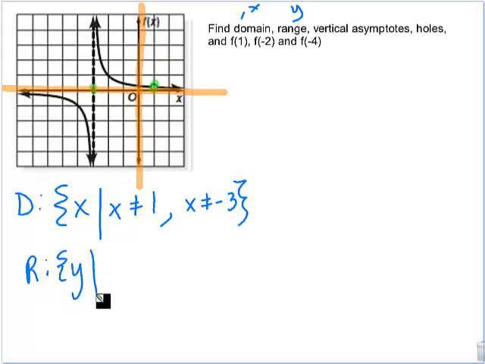So all the values for y such that. And now the range is going to be some guessing. So you're going to do approximate values. You're going to look at your graph, and you're going to say where it looks like the range isn't. Okay? So here, notice we're going off to the right and off to the left.